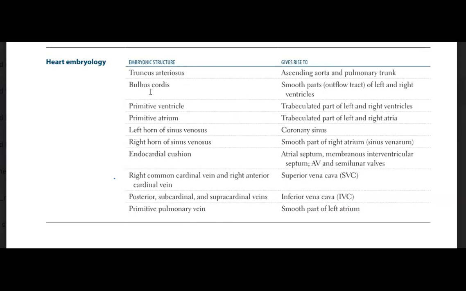So let's see, we have this word truncus arteriosus. Okay, you might have an idea about this: truncus arteriosus gives rise to the ascending aorta and the pulmonary trunk.